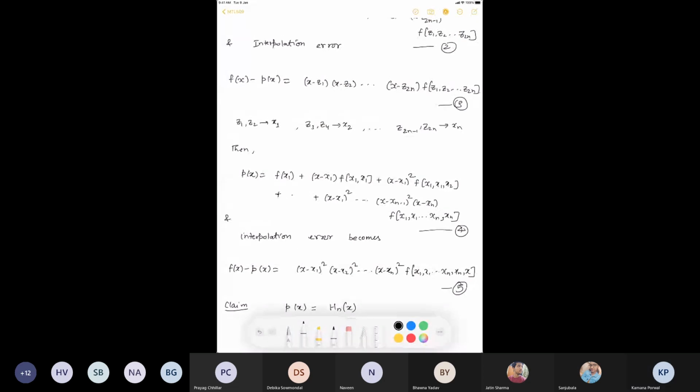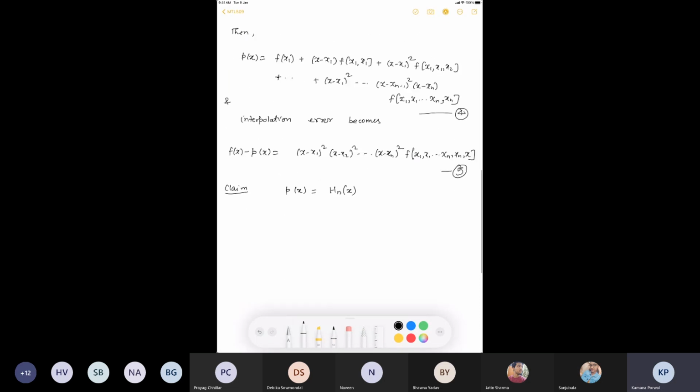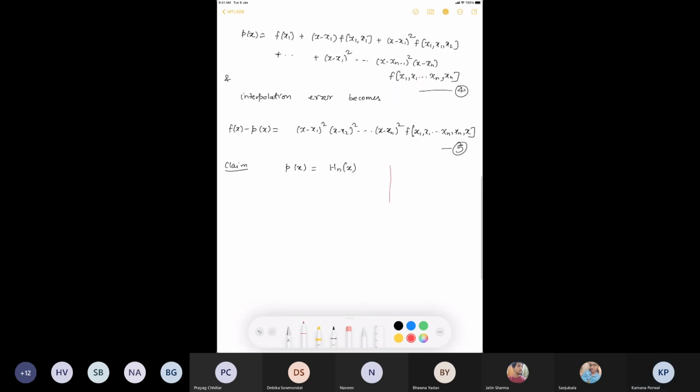Okay. Now I'll try to give you a little motivation for why I started with z1, z2, and what gave the idea that I should take two consecutive nodes to be the same.